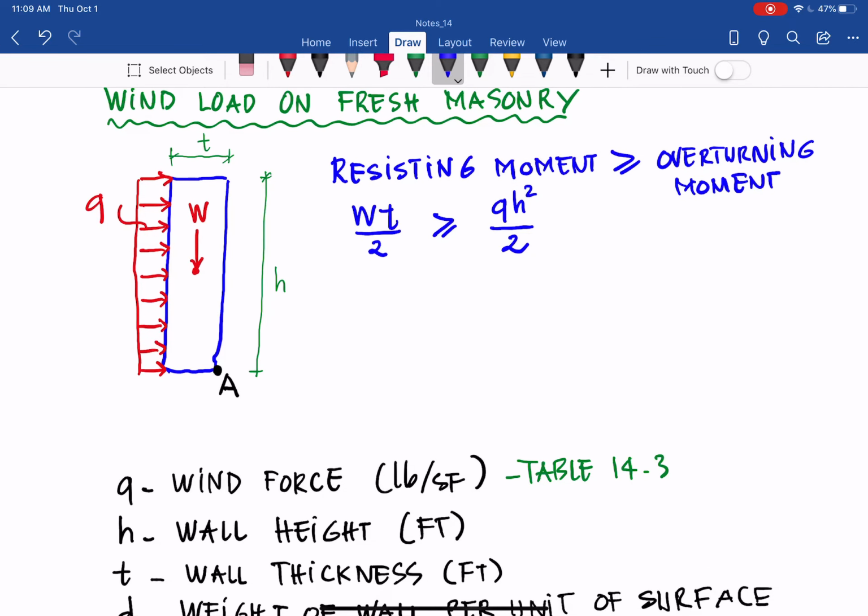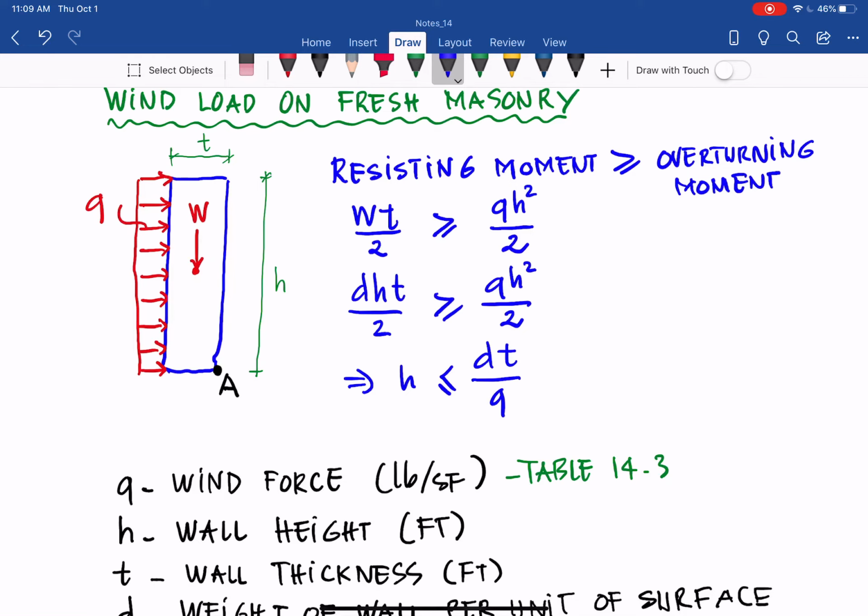So we rewrite: d h t over 2 is greater than or equal to q h squared over 2. From that, the 2 cancels out, so h is less than or equal to d t over q.